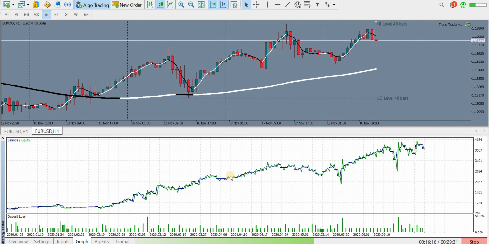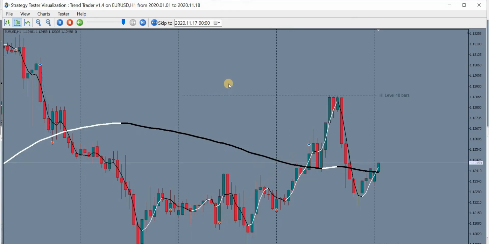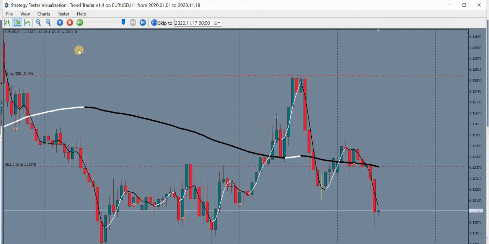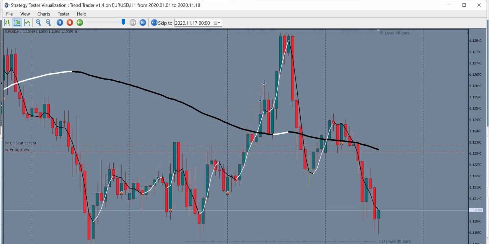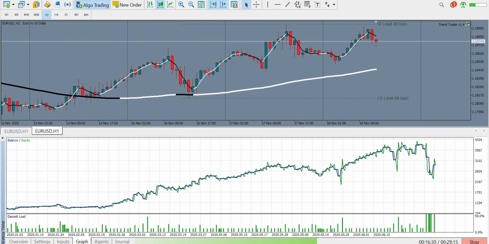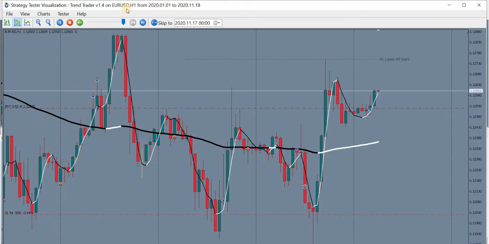And it looks like the expert advisor is performing very well as it is without hedging, which is, oops, something bad happened. And something good happens again.